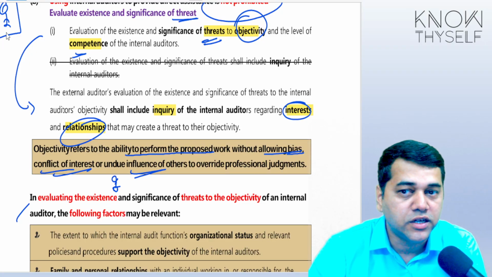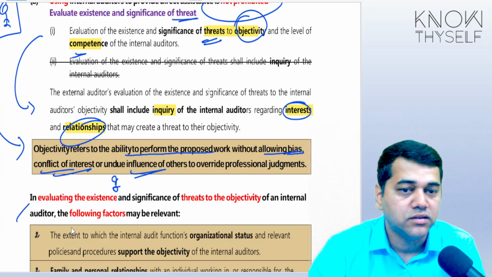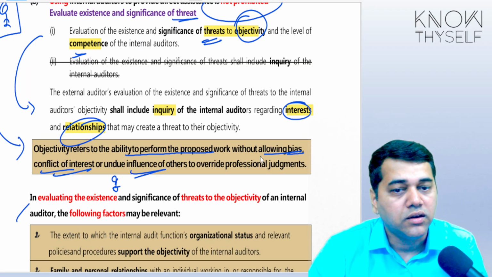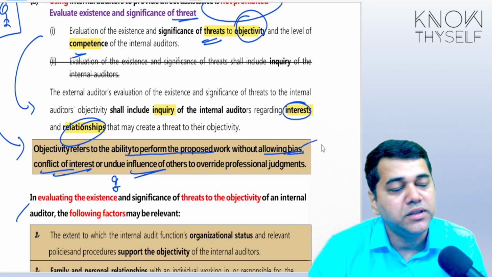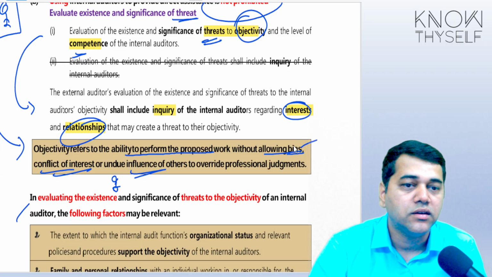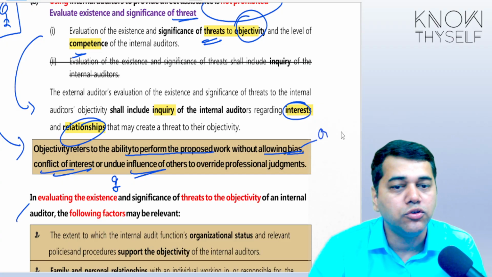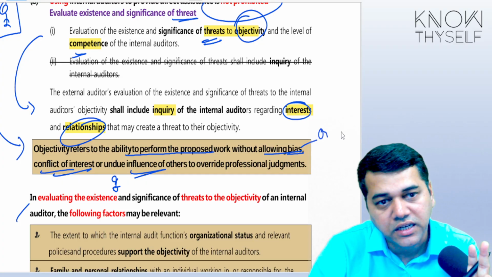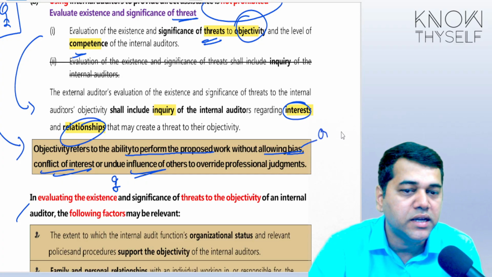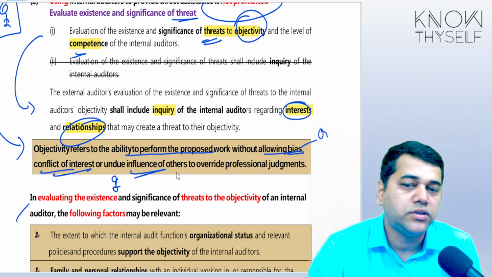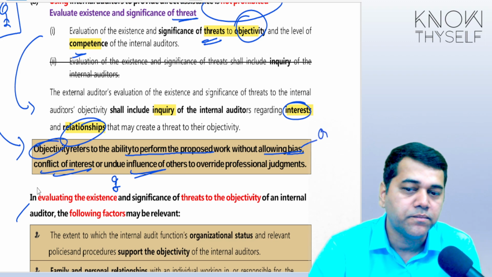Or conflict of interest: this person may be owning shares. Or having bias: that means they only did that work, like the inventory observation. You call them now to do it again. If they have made a mistake earlier, will they come and tell you? They will become biased. So this is what is called objectivity.